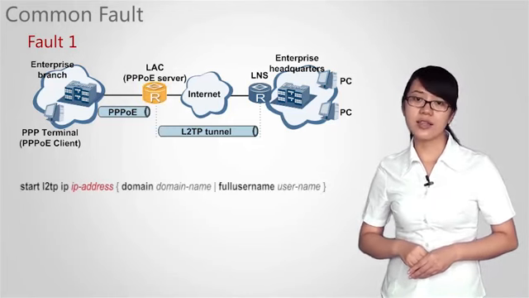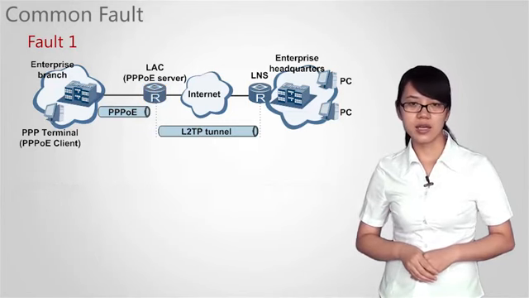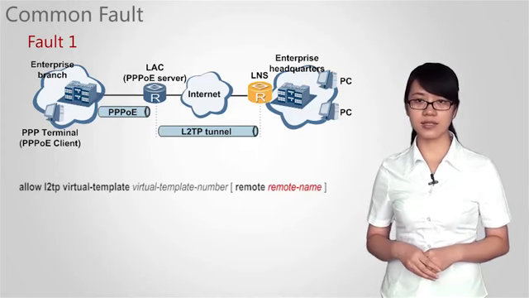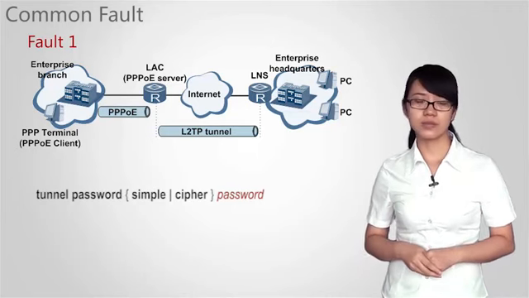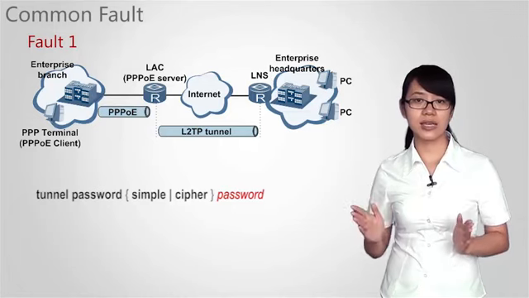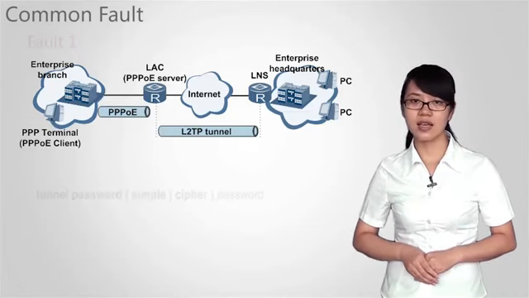The IP address of the LNS is different from that configured on the LAC. The LAC tunnel name is different from that configured on the LNS. Tunnel authentication is enabled, but the authentication key is not configured, or the LAC and LNS use different authentication keys.